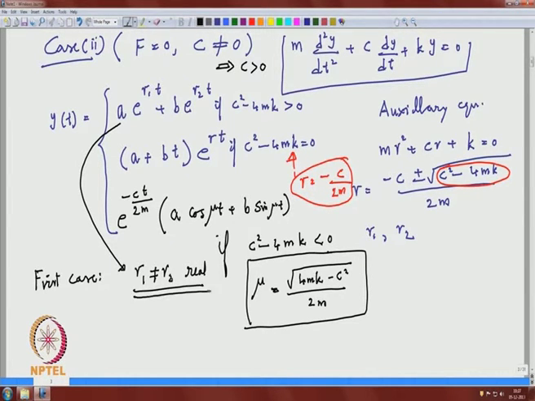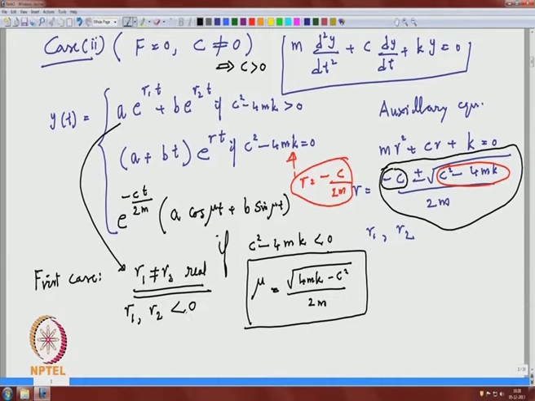In that case you can analyze this equation. c square minus 4mk is positive and hence its square root will be smaller than c, so it will retain the sign of c. That means R1 and R2 are negative. Even if you take a plus, it will be a quantity less than c in absolute value, and hence this will retain the sign.